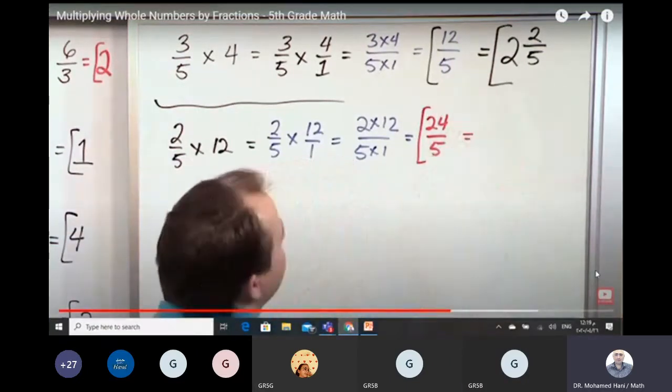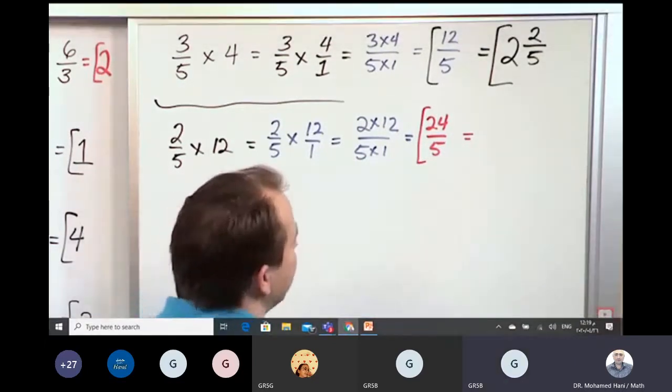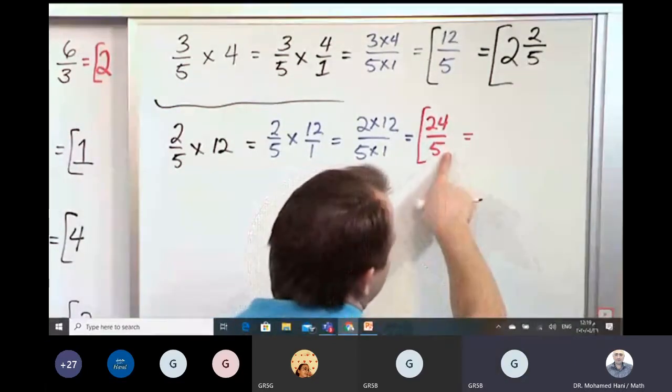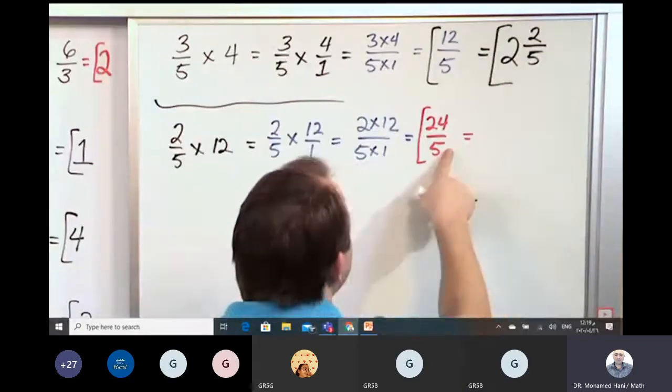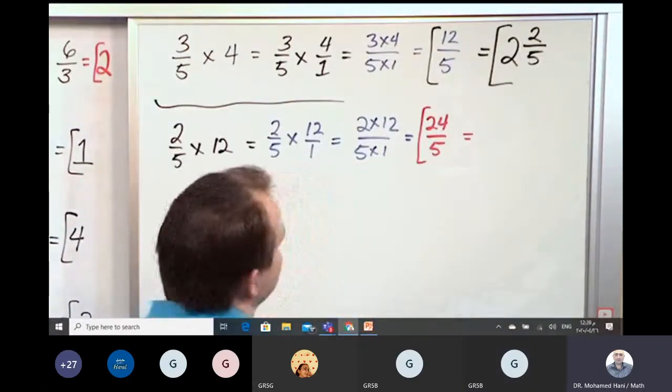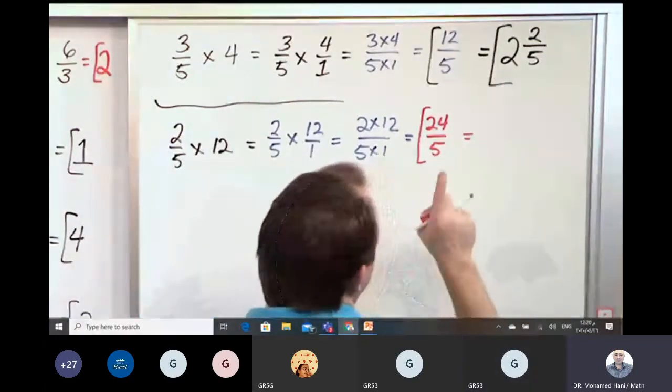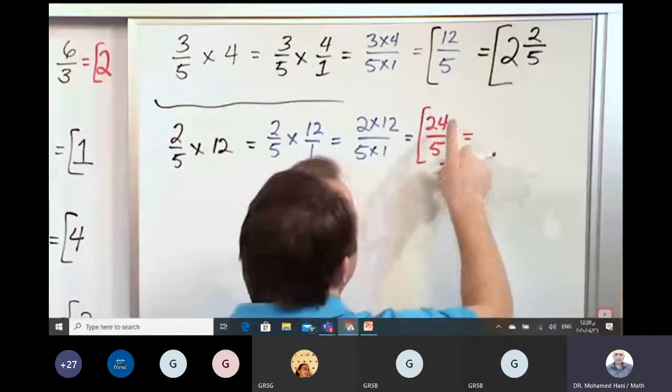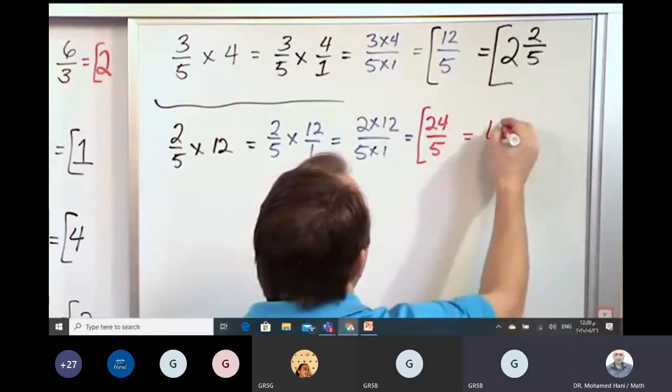But then we also realize that this is an improper fraction, so we can convert to mixed numbers. So 6 times 5 is 30, that's too many times. 5 times 5 is 25, that's too many times. 4 times 5 is 20, so this can be divided into there. 24 divided by 5 can go a whole 4 times.